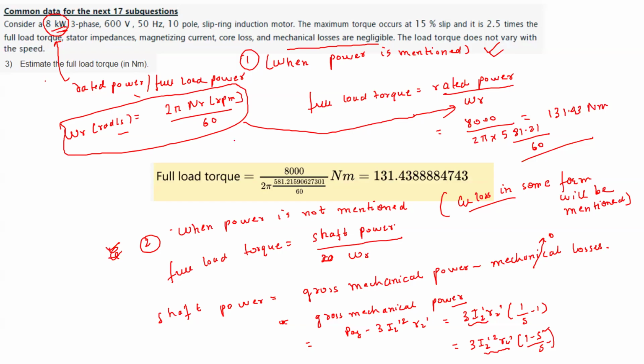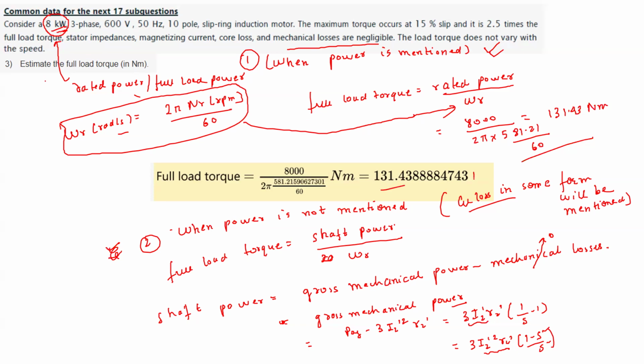But if they have not given you 8 kilowatt, they have given you copper loss, then they will ask you to find the shaft power. Either of the two they will do. So these are the two ways in which you can find this full load torque, depending on the information provided in the question.